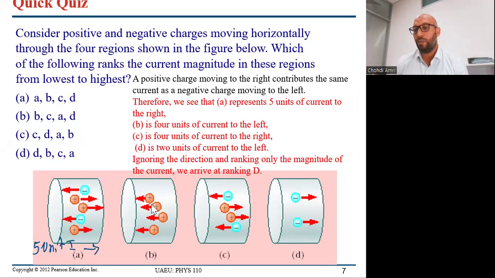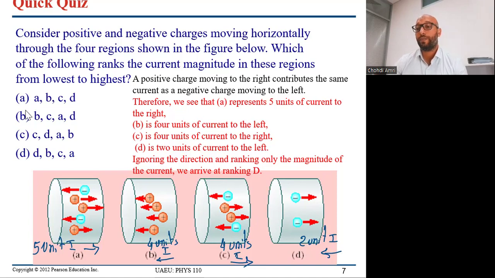What about B? In B, we have 4 units of current to the left. What about C? In C, we have 2 positive charges to the right and 2 negative charges to the left, so the total will be 4 units of current to the right. And what about D? We have 2 units of current to the left because we have negative charges.